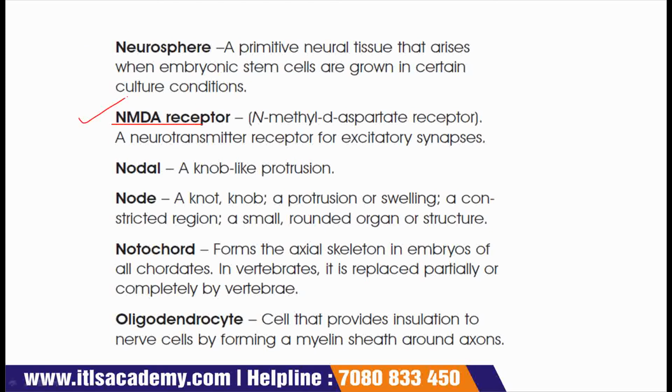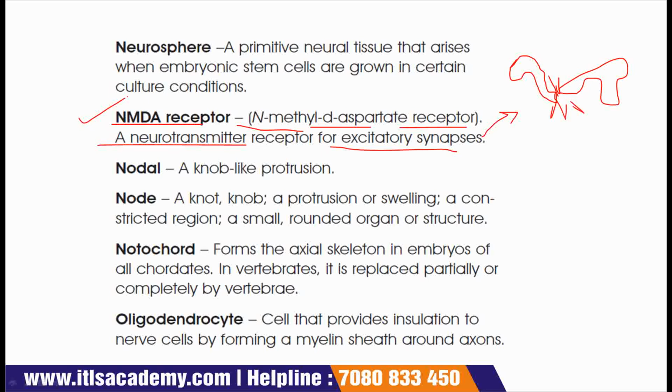NMDA means N-methyl D-aspartate receptor. This NMDA is a neurotransmitter receptor for excitatory synapses. What are synapses? Synapses are the junction between two neurons. Two neurons join by the help of this synapse.